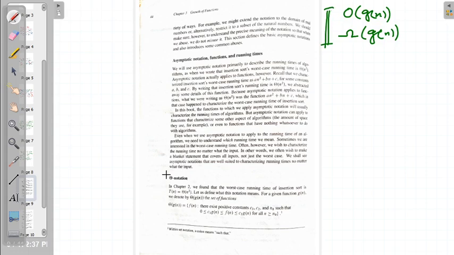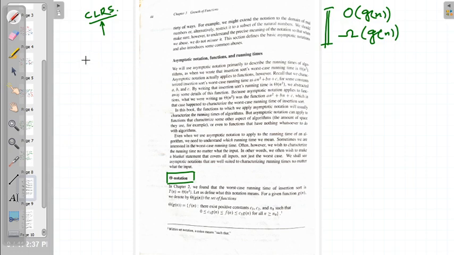Now the next notation that we will discuss is the theta notation. Again, today's lecture is based on CLRS. This is from the CLRS book, so if you are trying to consult the CLRS book, this will be really handy.